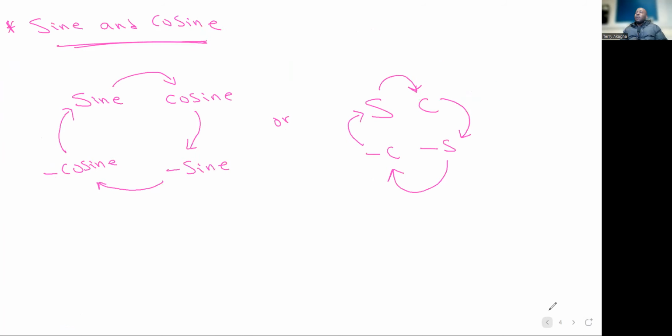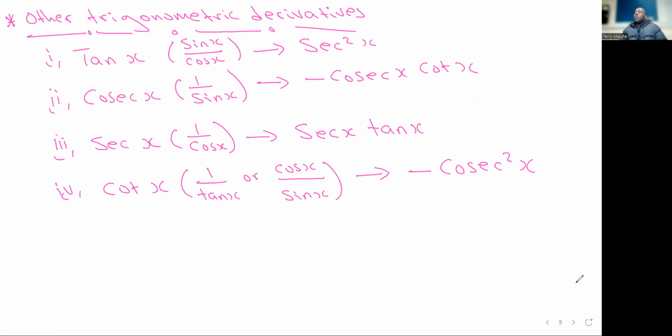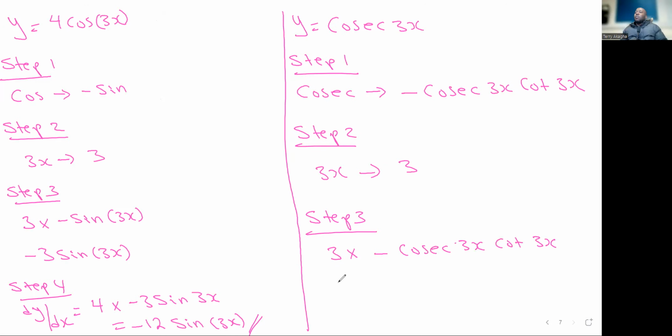So you can see we have the minus here. Then when you now multiply this, dy over dx is going to give us minus 3 cosec 3x cot 3x. Okay? And that is that for that.